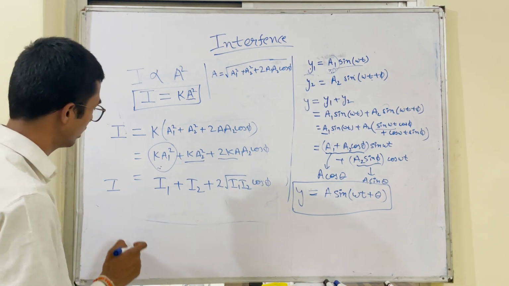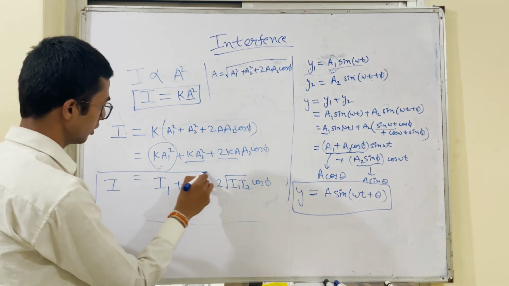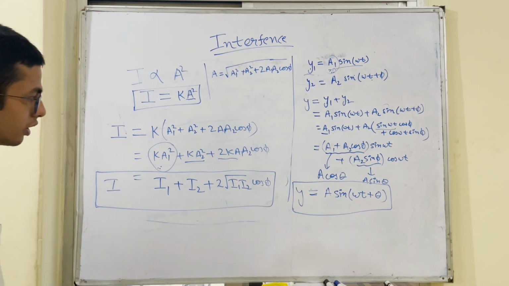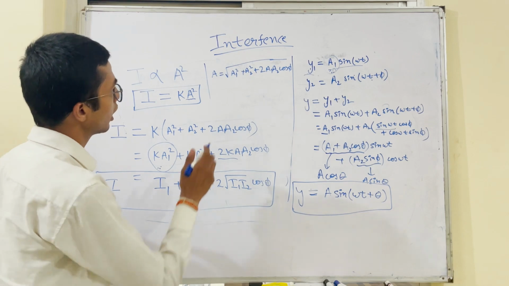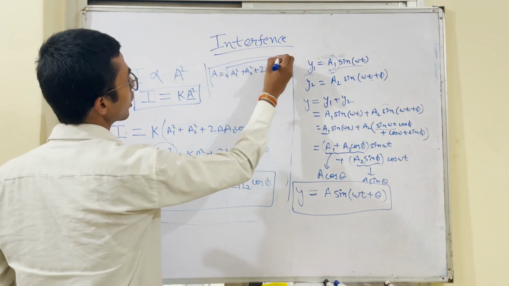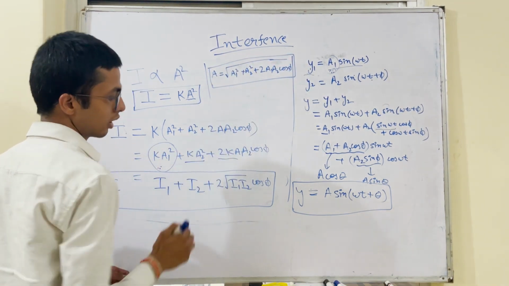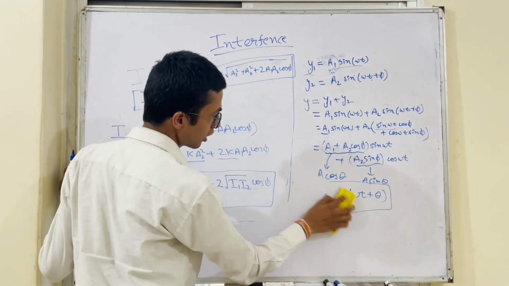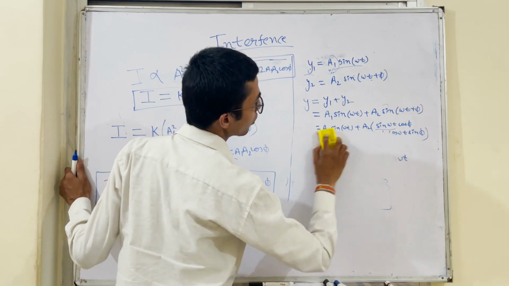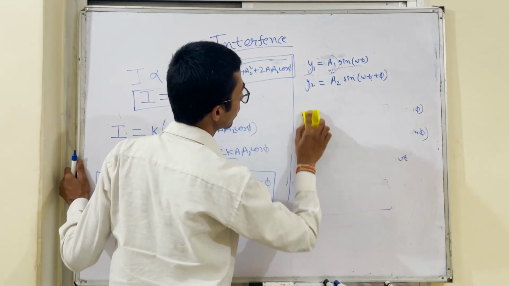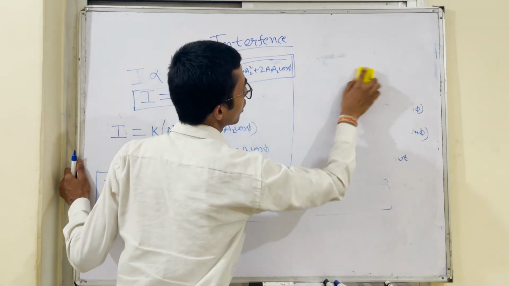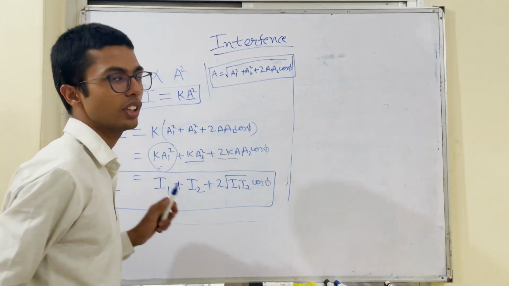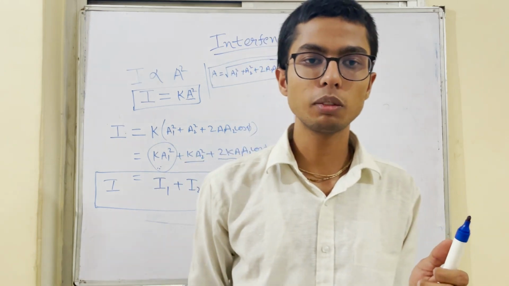So my intensity comes like this, and my amplitude came like this. Now we are going to find, if waves are interfering with each other, there are two possibilities.